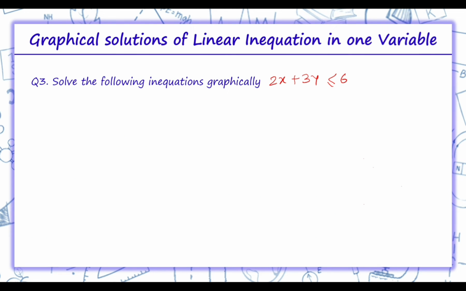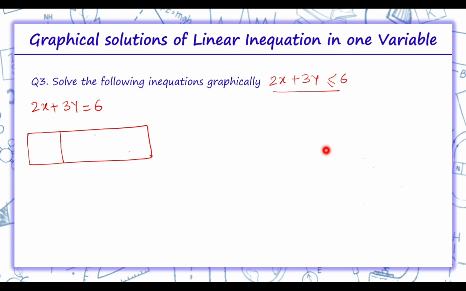Coming on to the first linear inequation, we have to solve the following inequation graphically. The first step is that this inequation is to be converted into an equation, so we'll get 2x plus 3y equals 6. Now, as we said, we will take x as 0.